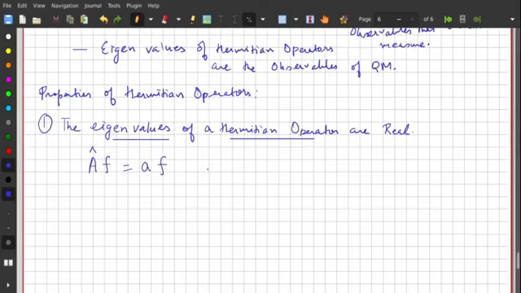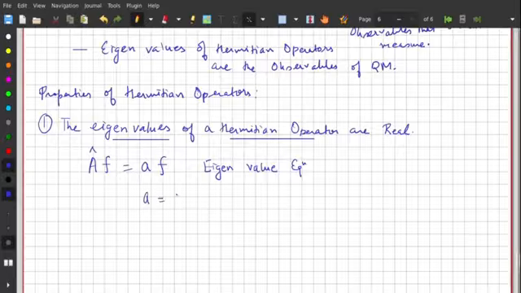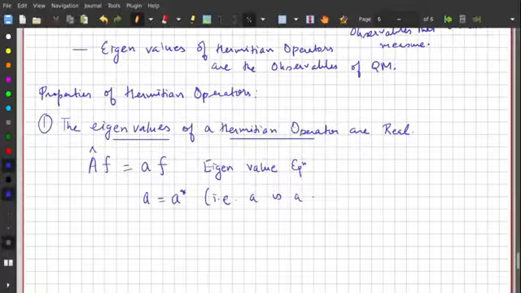Here f is the eigenfunction and a is the eigenvalue. So this is the eigenvalue equation. Then what we have to prove is that a is the same as a star. That means a is real.